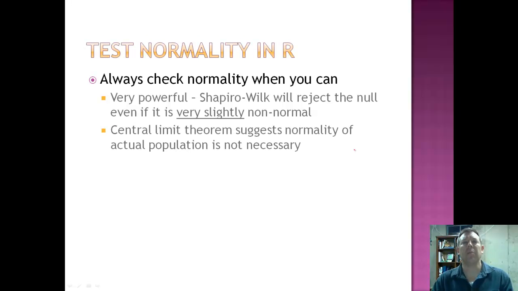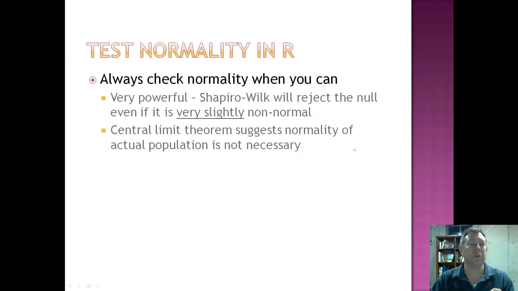You'll also remember from last week that I did suggest that because of the central limit theorem, the normality of the actual population is perhaps not necessary or not a huge deal. You'll remember that we are taking samples from the population. And if we take a huge number of samples and we look at their distribution, that's going to be a normal distribution.